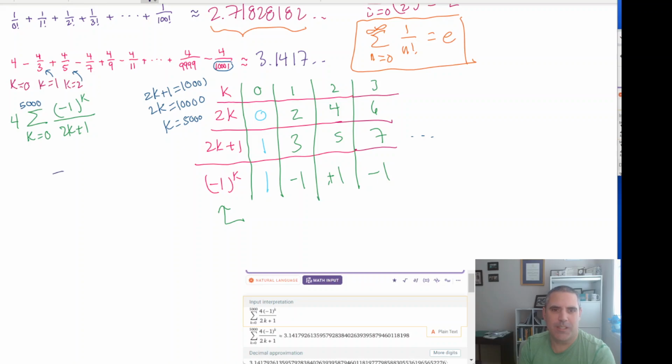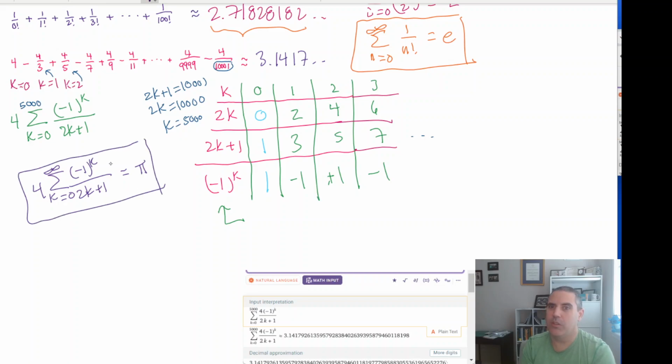So if you do the sum from k equals 0 to infinity of 4, negative 1 to the k over 2k plus 1, it gets closer and closer to pi. Isn't that weird? We say it converges very slowly. That's very different than the one we just did for e, which converges quickly. People have searched and found many series that approach pi quickly, but they're a little more complicated.